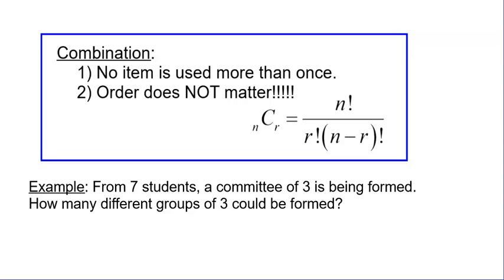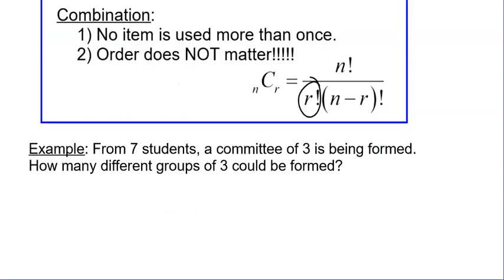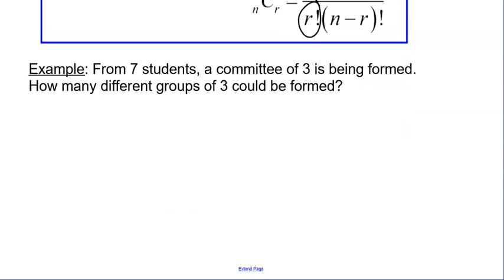Now, combination is where order does not matter. So it looks almost the same, but notice you have this extra little r here. So this time we have 7, and we still have 3. But it's a combination because the order doesn't matter. The committee is just 3 people with equal votes.